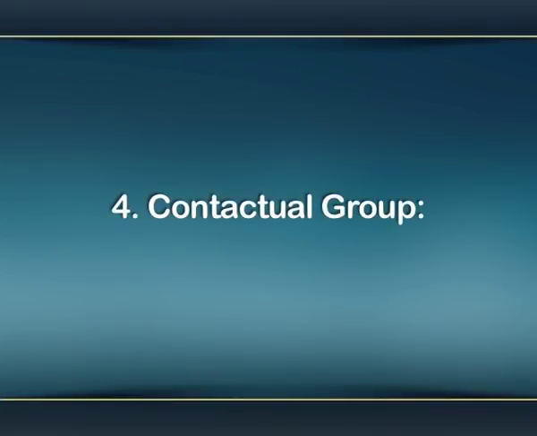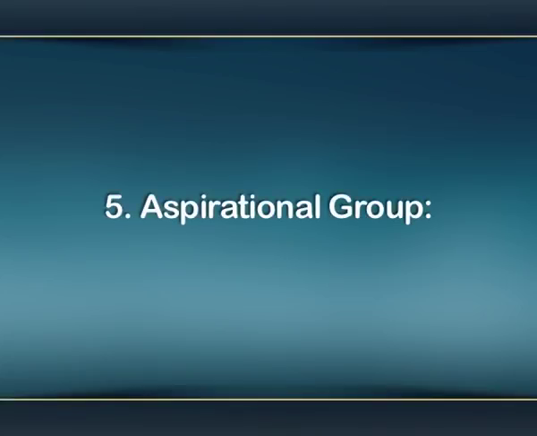Fourth, contactual group. These are the groups with which the person interacts and has regular contacts. For instance, friends, family, neighbor, peer groups, etc. Fifth, aspirational group. It is one of the group to which the individual wishes to belong.